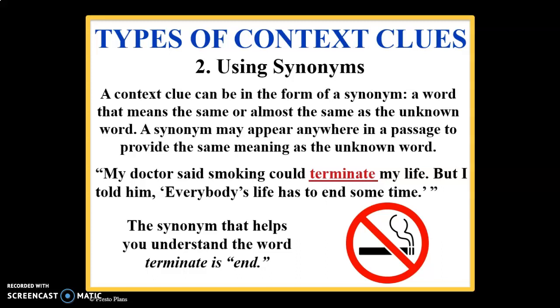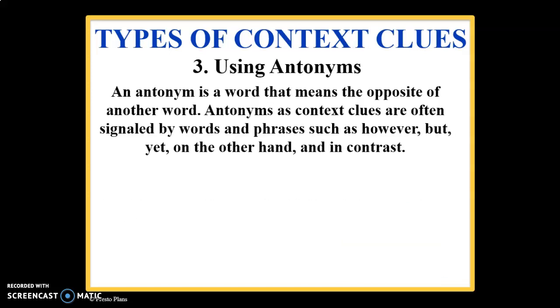And then I would know that you know that terminate means end. All right, when you're doing that test, the third way that you can do that is by using an antonym and showing the opposite of what the word means. And again, usually those are going to be signaled by words like however, but, yet, or on the other hand.